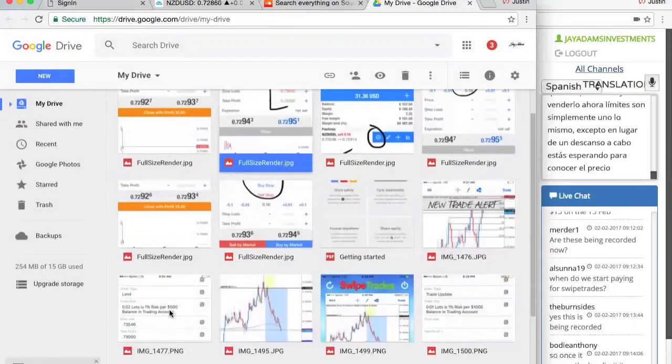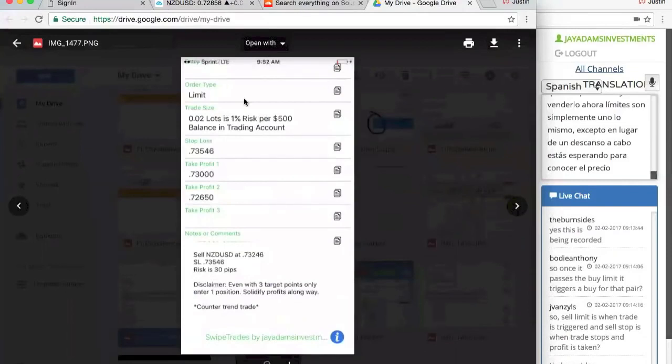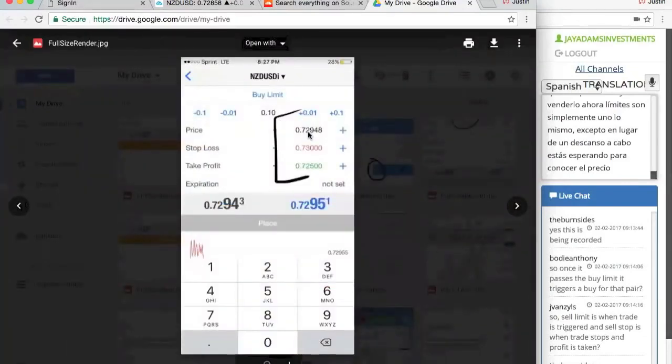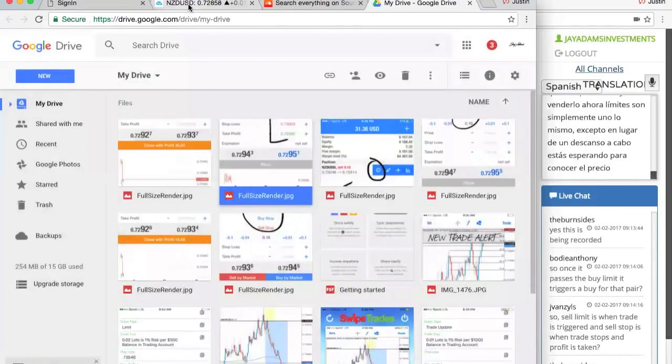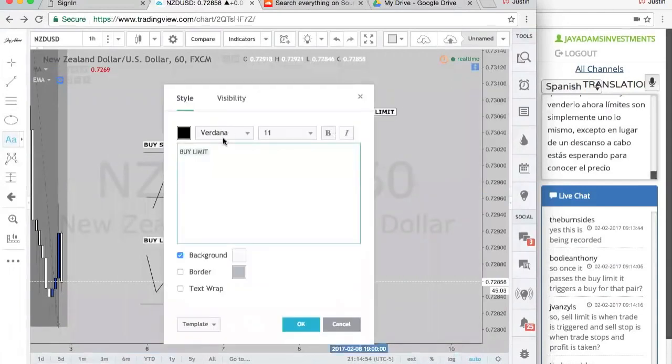So let's go back here. Price was, I think, 0.73246. So that price, you're simply copying and pasting into price, entering one time. Another important thing to notice before that is if it has one or two entries.